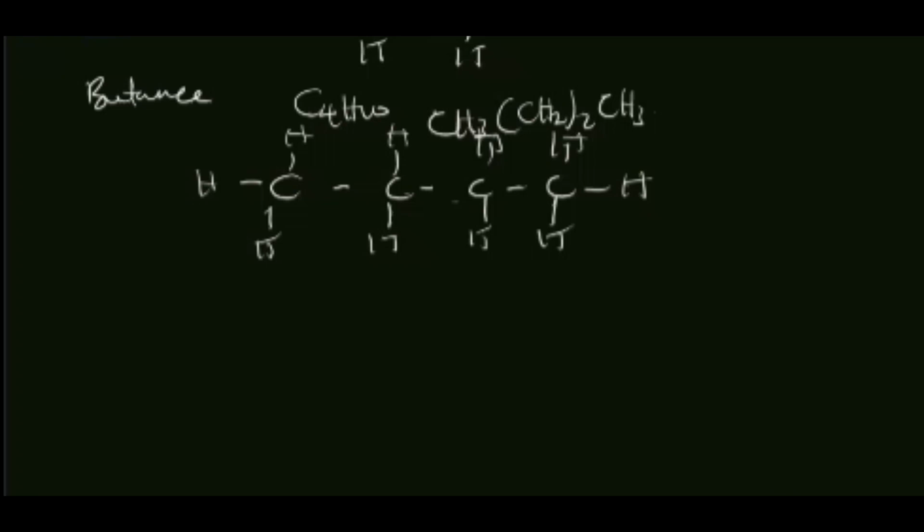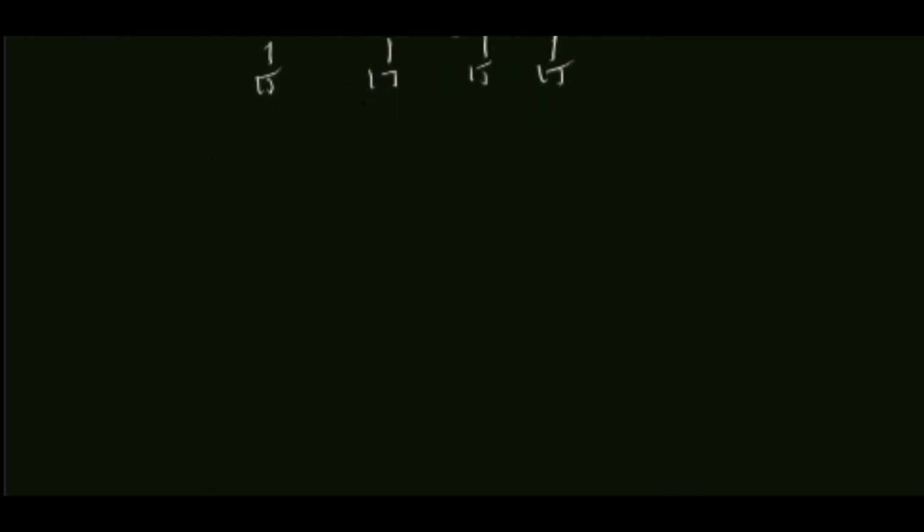Now let's see how we can name our alkanes. So to name an alkane, the first thing we do is you choose the longest, most substituted carbon chain containing a functional group.